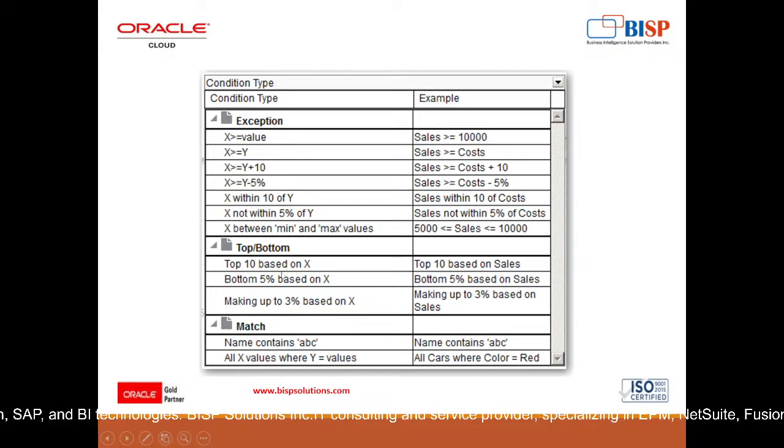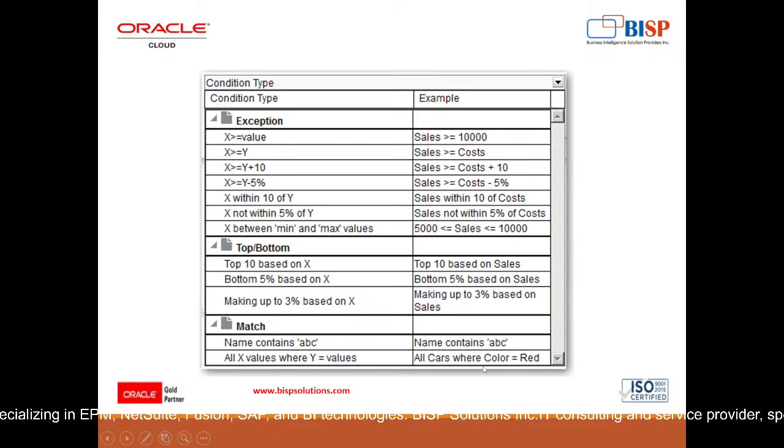Top and bottom, like top 10 based on X, top 10 based on sales, bottom 5% based on X, bottom 5% based on sales. Match will search, so name contains ABC.